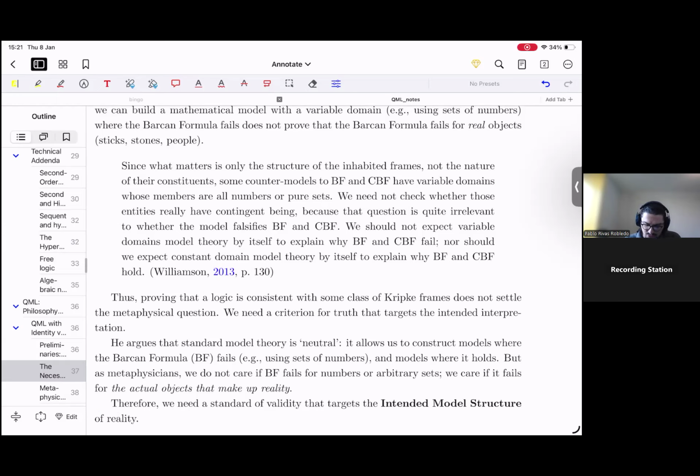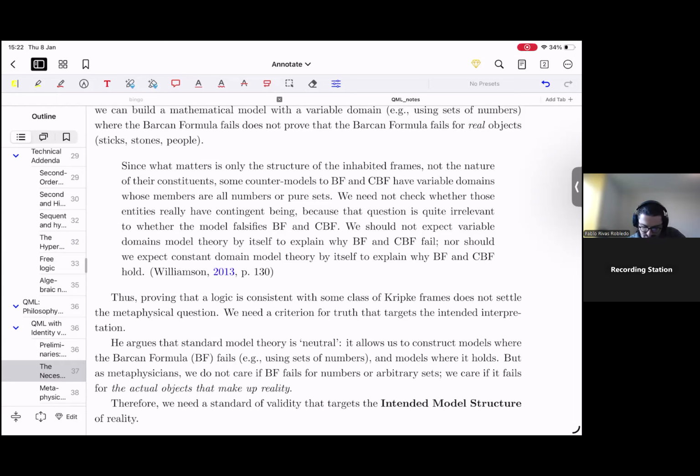We did not check whether those entities really have contingent being, because that question is quite irrelevant to whether the model falsifies the Barcan formula and the converse Barcan formula. We should not expect variable domains model theory by itself to explain why the two formulas fail, nor should we expect constant domain model theory by itself to explain why Barcan and converse Barcan hold."